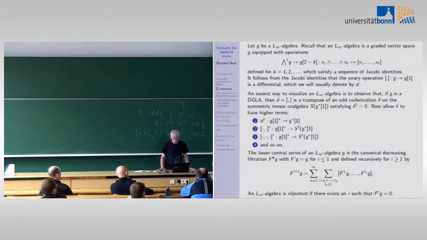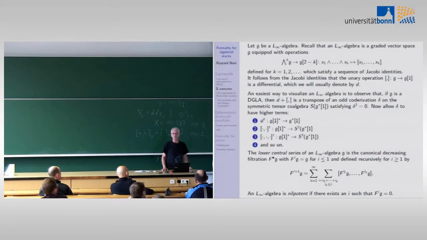A generalization of this is the L-infinity algebra, and unfortunately it will show up, whether we want to or not. A DGLA has a differential and a bracket; an L-infinity algebra is a differential graded Lie algebra up to homotopy. The bracket satisfies the Jacobi identity up to homotopy, and then there are higher homotopies making things consistent.